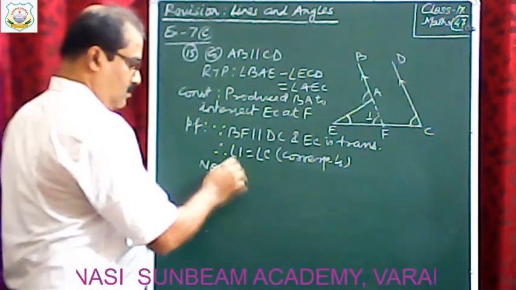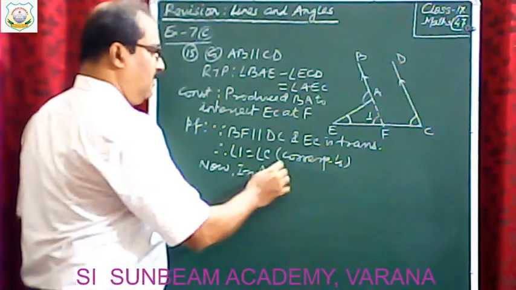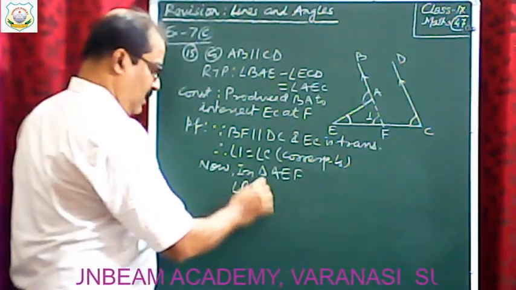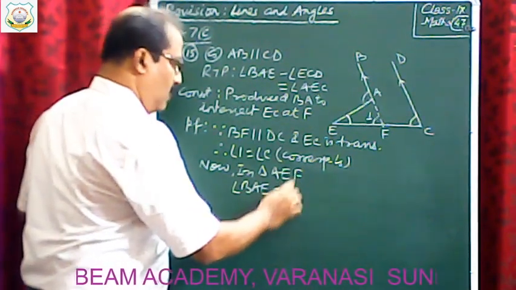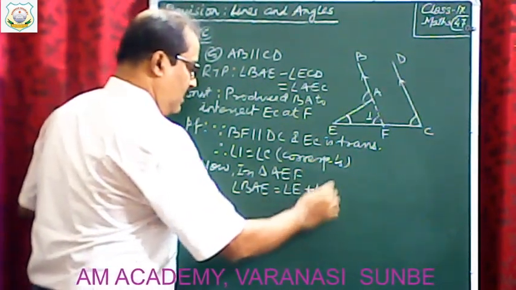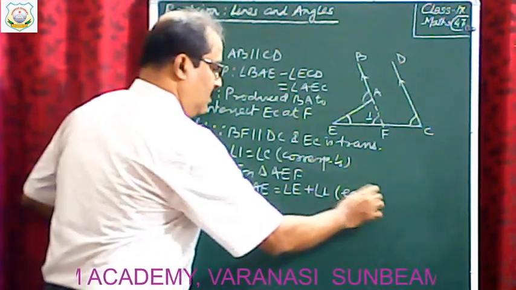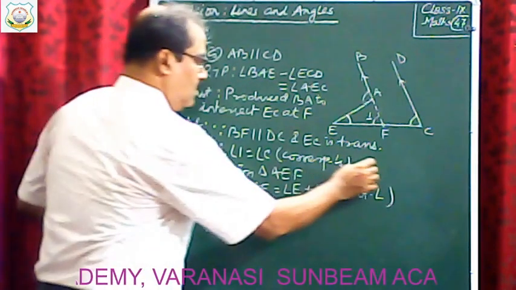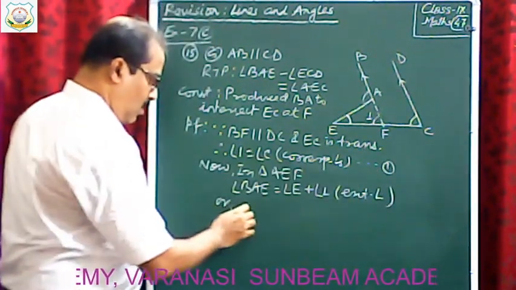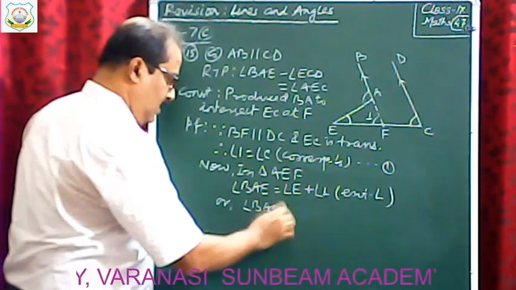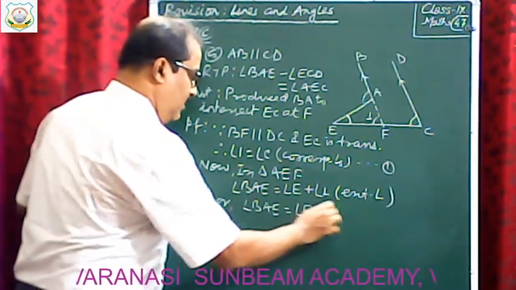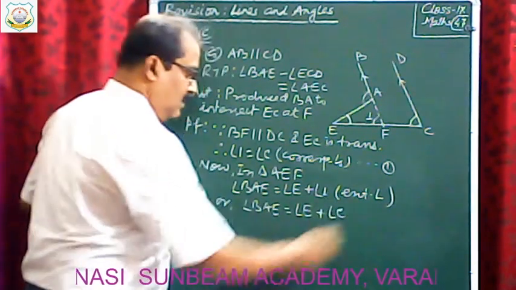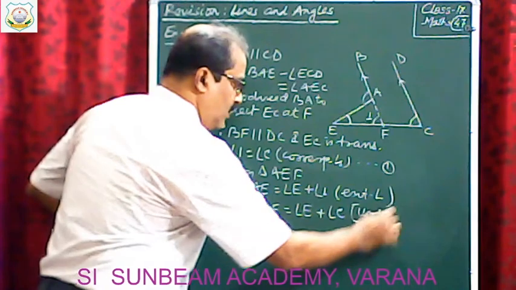Now in triangle AEF, angle BAE equals angle E plus angle 1, exterior angle, using 1. Or angle BAE equals angle E plus, in place of angle 1 you have to write angle C, using first.